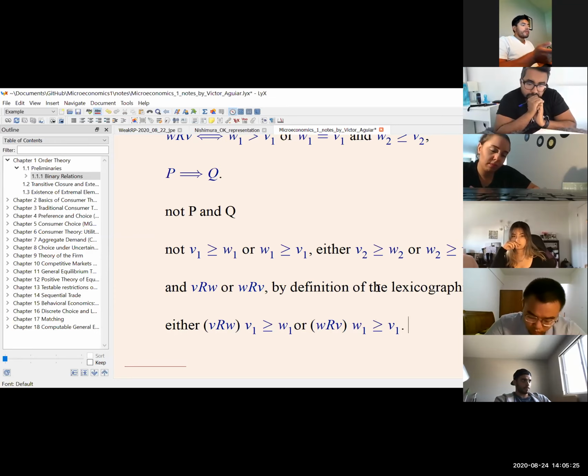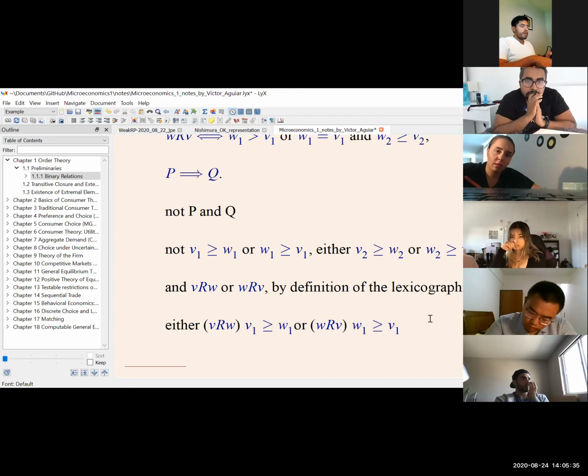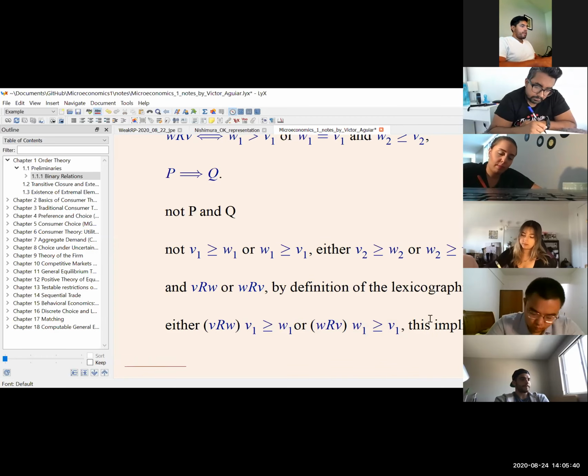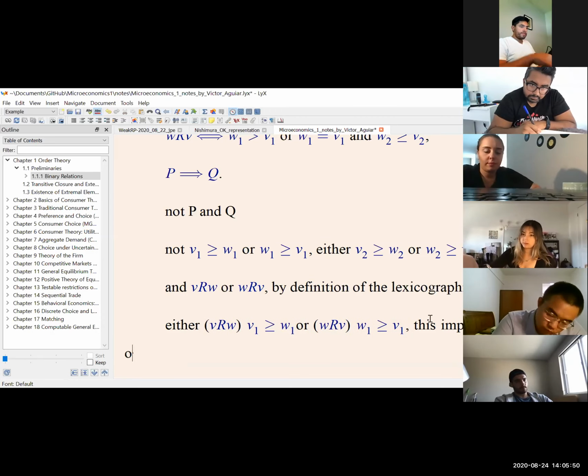If this object here is pretty much the definition of completeness, as I shrink it to the particular interest of my proof, then this implies that V1 is in relation with W1 or the opposite.